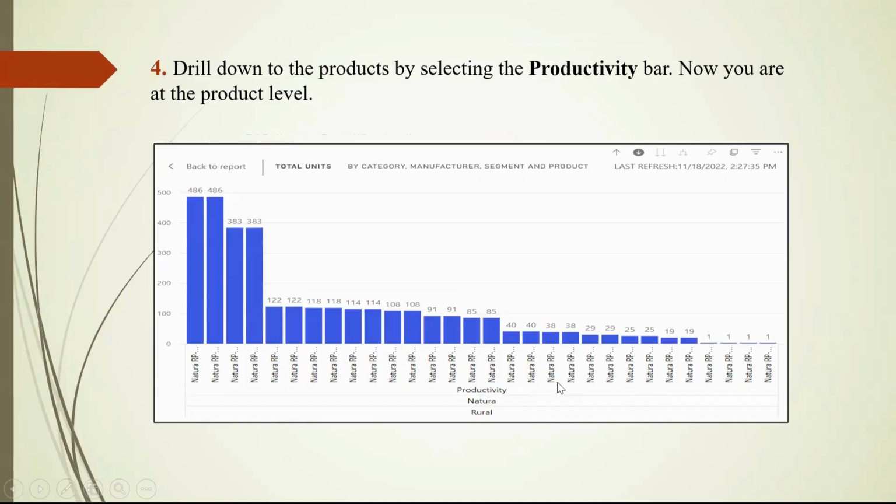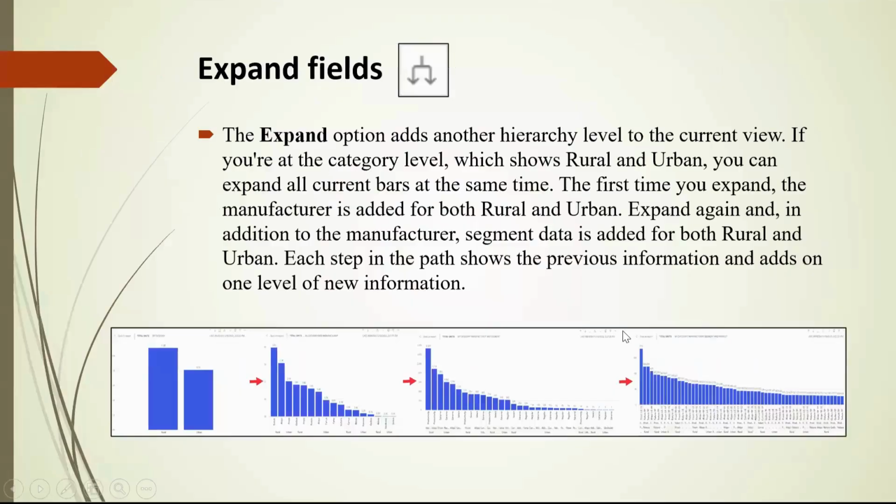See, the category is expanding. By clicking on this, you can see it in more detail. Now this is the expand field. This is the fourth icon, the last icon, and it adds another hierarchy level to your current view. Suppose you're here now, which shows rural and urban.